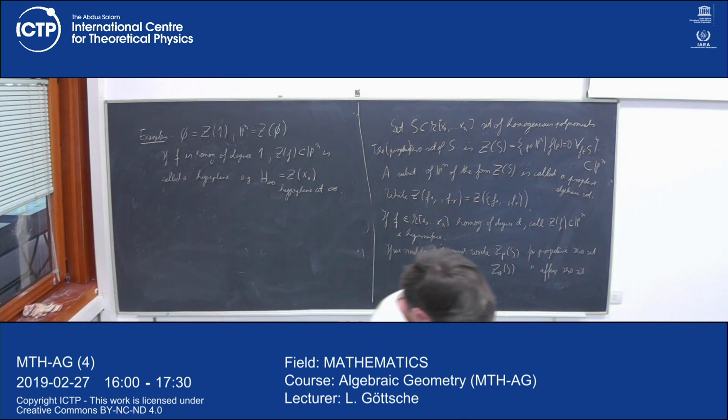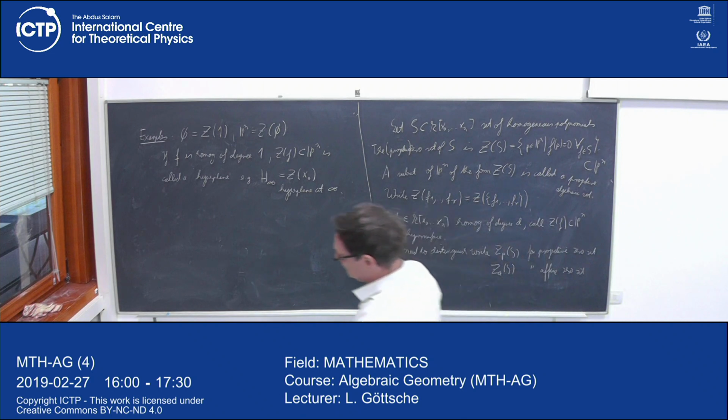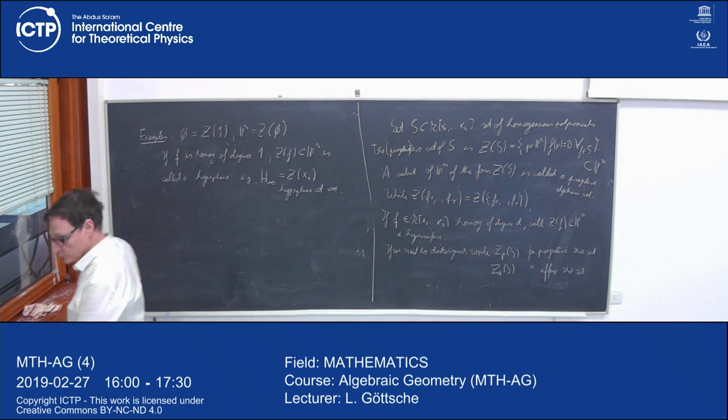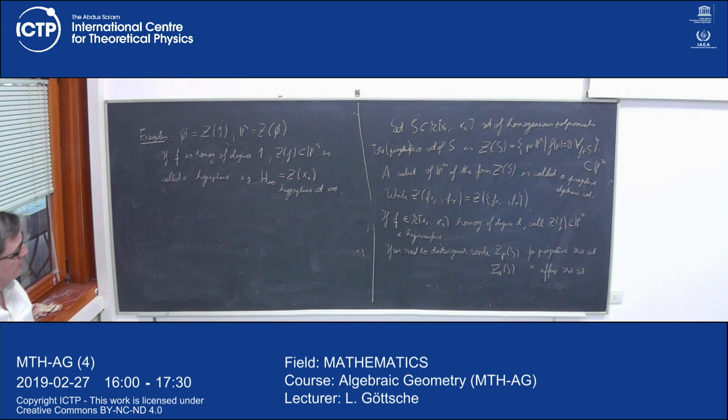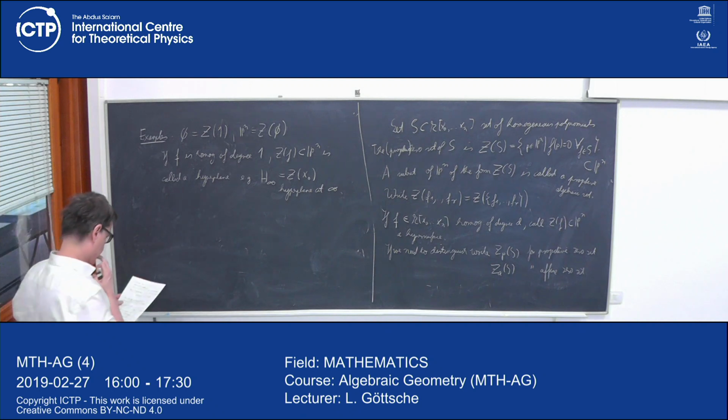So I had claimed before that in, for instance, P2, any two lines intersect. But we can at least see some lines which don't intersect in A2, which will intersect in P2.